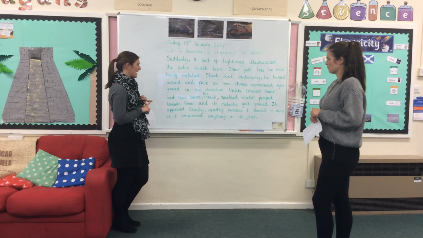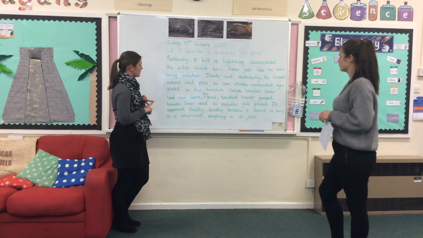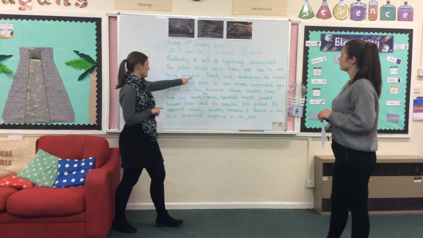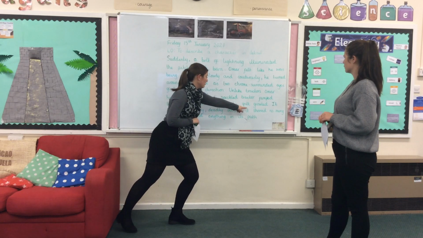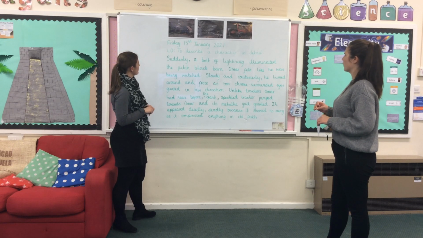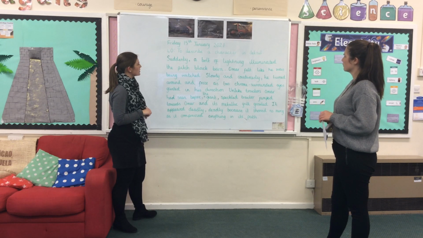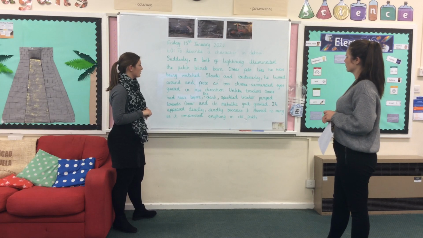We've used really good vocabulary by looking at our never heard grid and trying to think of new words that we've learned. We've used different sentence openers. I think we've used our alliteration. Let's read it through just to double check one last time that it makes sense. Okay. Suddenly, a bolt of lightning illuminated the pitch black barn. Omar felt like he was being watched.